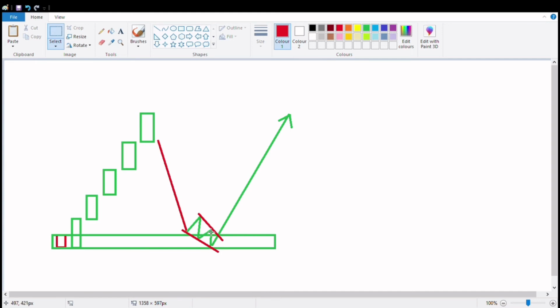This one is a falling wedge, because when it's falling, it signals that we are going to buy, giving us an edge, a confluence, that we are buying on a falling wedge with our demand zone.